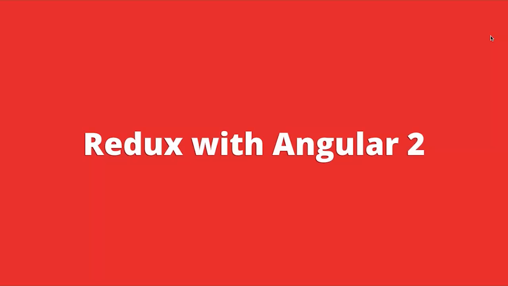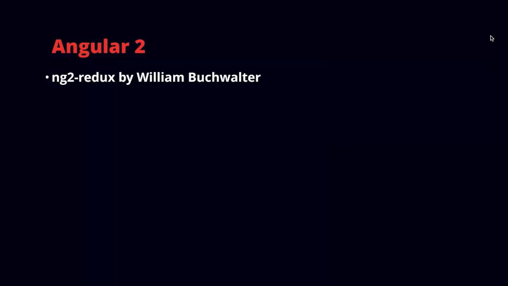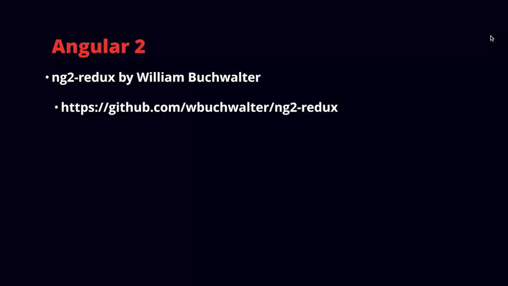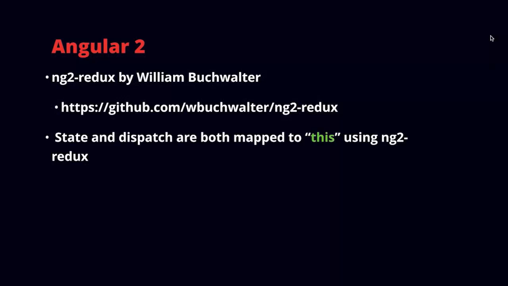Hi, yeah, so for the next bit, I'll be talking about using Redux with Angular 2, and the library that I'll be using for the bindings is called ng2 Redux. The author of this also made the ng Redux bindings for Angular 1, so a lot of the concepts that I'll be going over here can also apply to Angular 1 as well.